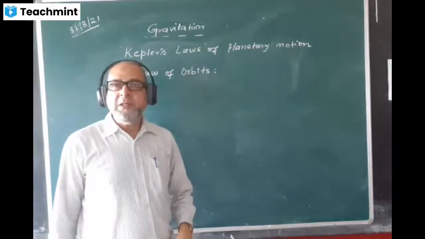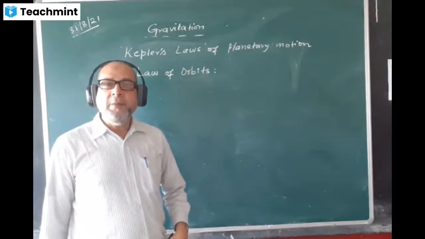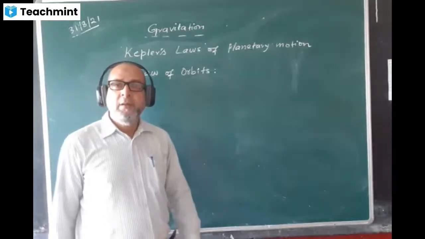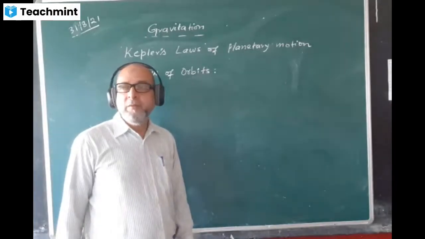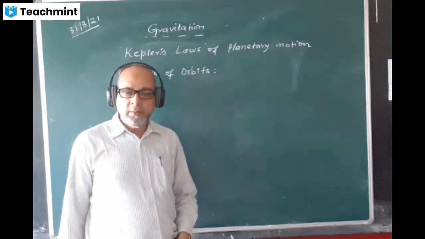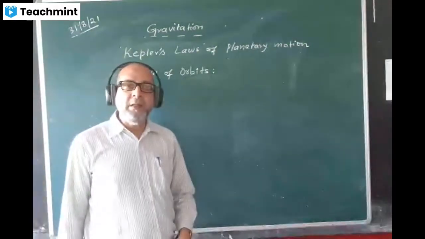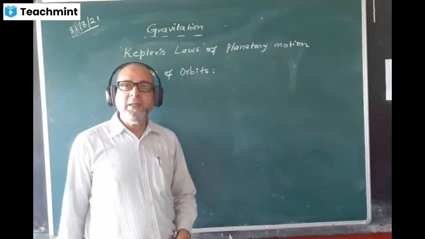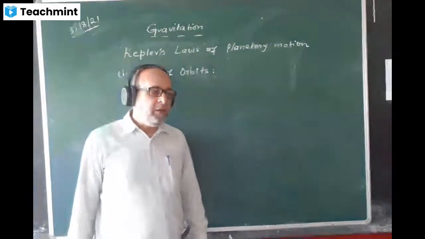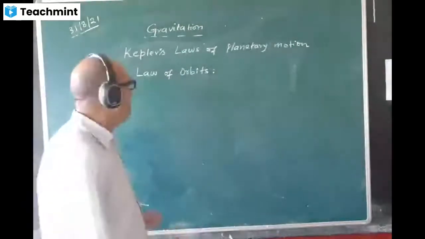Write down, it states that the planets revolve around the sun in elliptical orbit. Planets revolve around the sun in elliptical orbit. That is law number one.